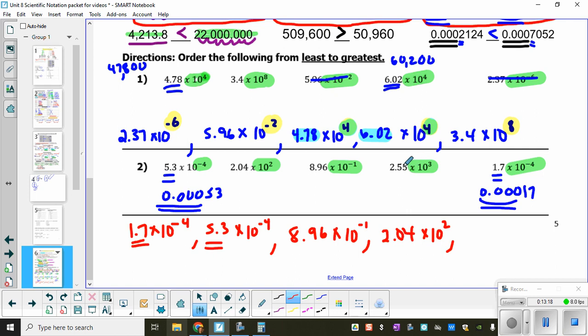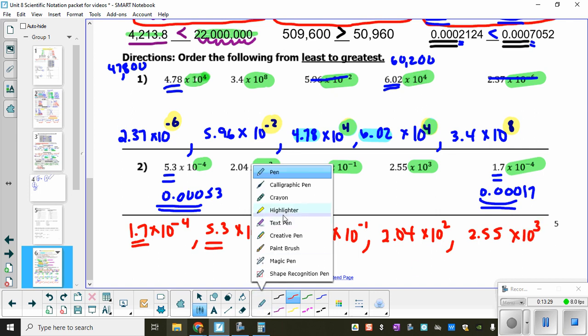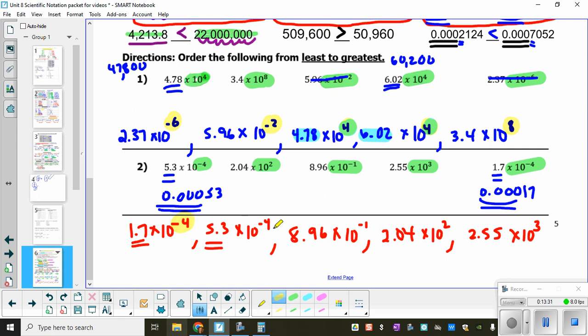So that's going to be the biggest number we have in our list here. So the 2.55 times 10 cubed. And again, to check our final answers, we should see the exponents going in order from least to greatest. -4s, -1, 2, and 3, those are all in order from least to greatest. And right here, when there was a tie, we're checking, and 1.7 to 5.3, that's going from least to greatest there. Okay?